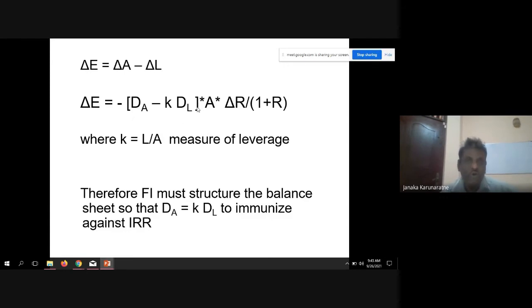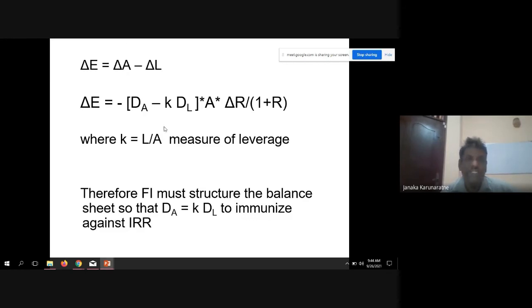So what we have to do is structure our balance sheet in such a way that this part is closer to 0, in the sense of a minimum value, minimized as much as possible. So this is called the duration gap.